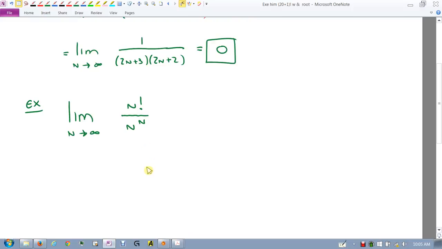Things are starting to get a little bit interesting here. n to the n is a function that you probably didn't see even a lot of in Cal 1, like a function x to the x.